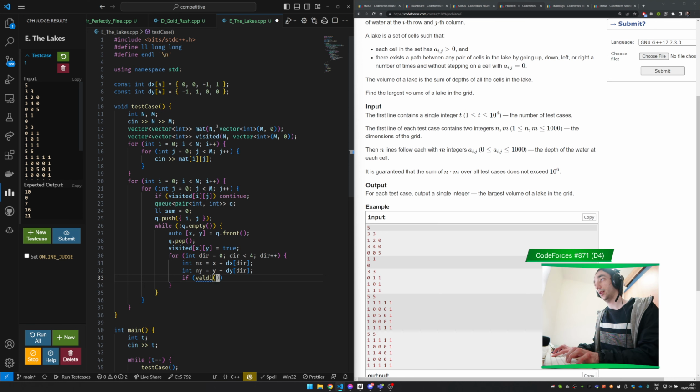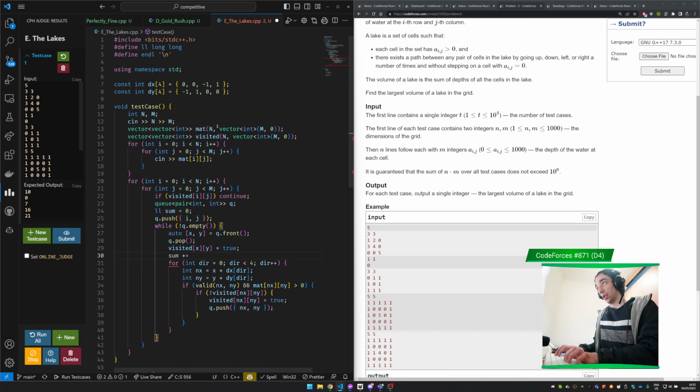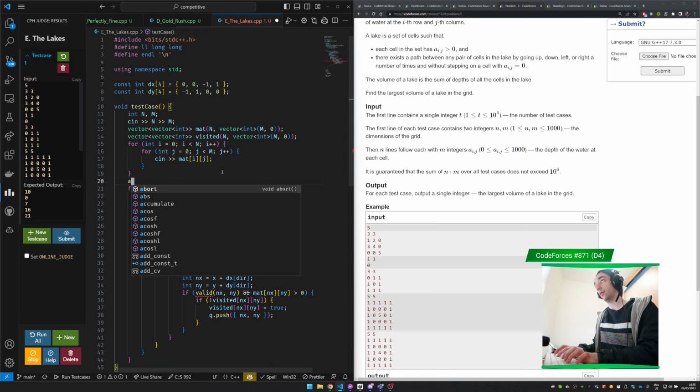If that direction is valid, and the matrix at the new direction is greater than 0 and it's not visited. Now I need a valid function here.